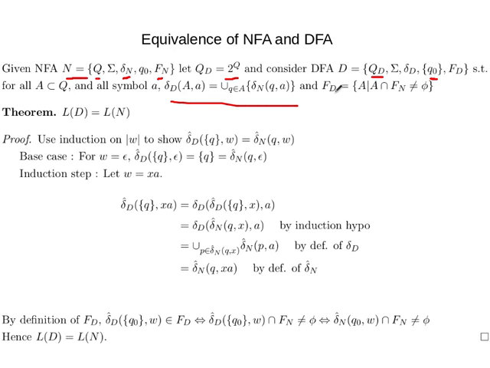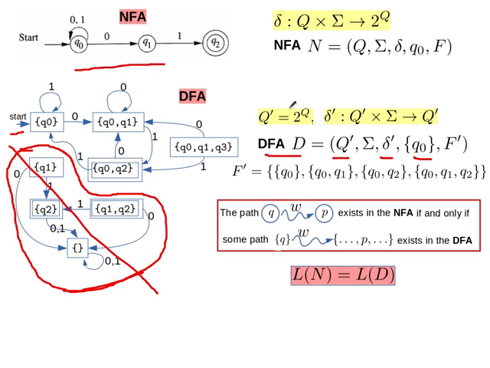And what are the final states? You remember we defined the final states. The states here again are subsets of states of the NFA, right? And we included all those subsets which contain a final state of the NFA.